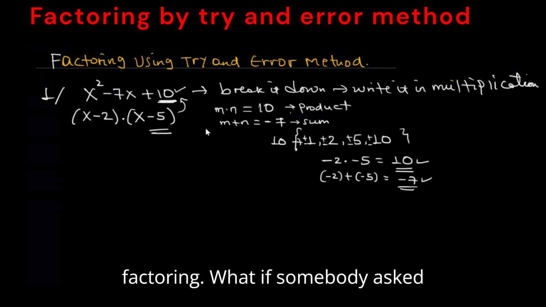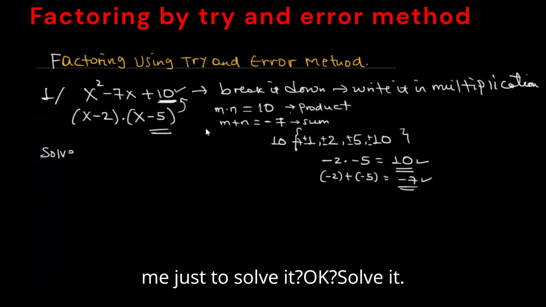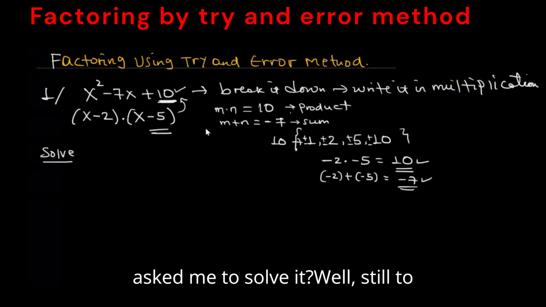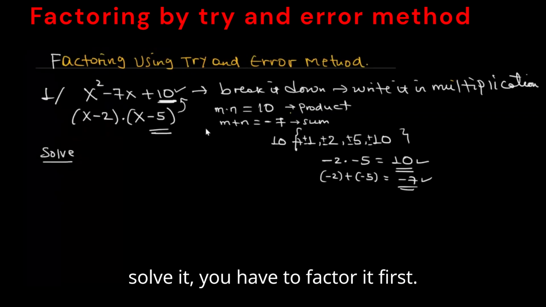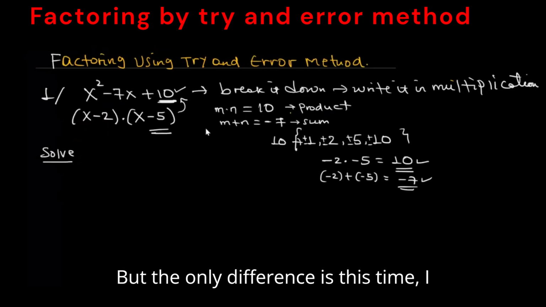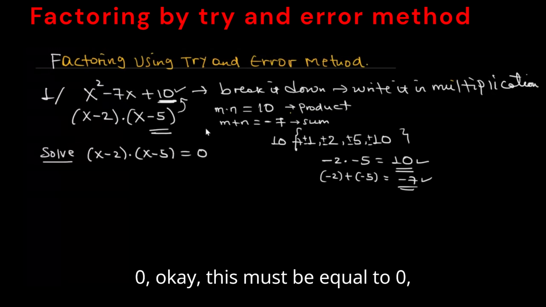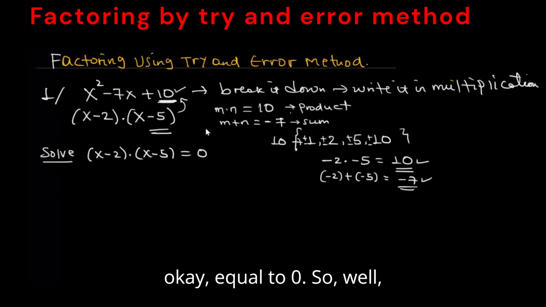What if somebody asks me to solve it instead of factoring it? To solve it, you still have to factor it first, but the only difference is this time I have to equate it to 0. This must be equal to 0. This is called the zero product property.